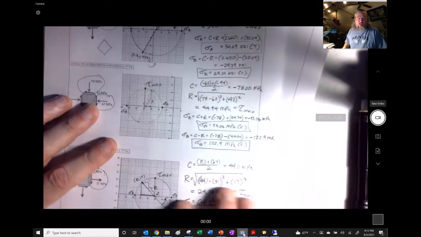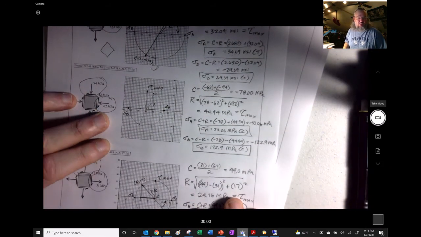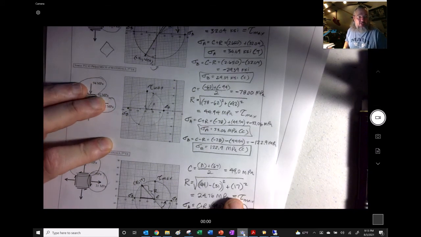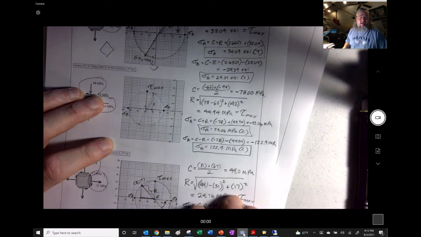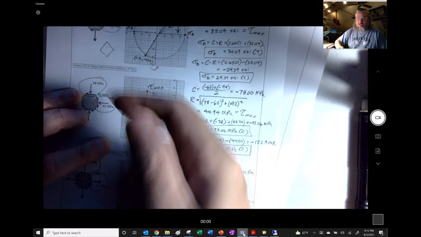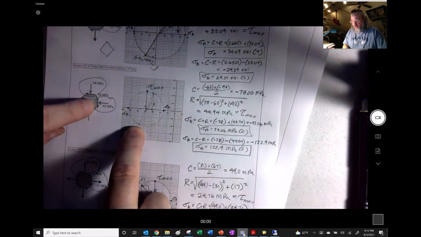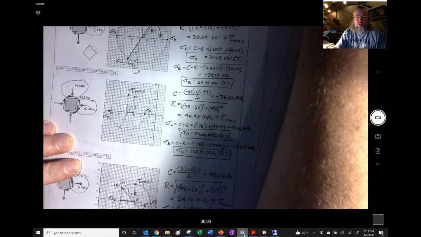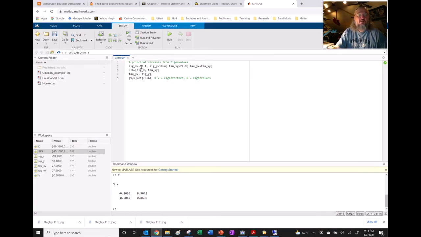Like, for instance, we had 94, let's see, they're both compression, so they're both negative, 94 and 62, and then we had 42. Honestly, it doesn't matter what direction that goes, because it's just going to flip-flop which direction you have here. So plugging in here, we take a negative 94.